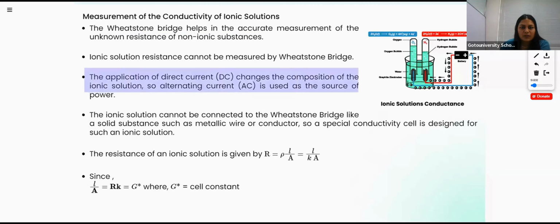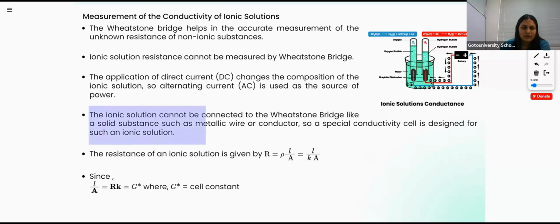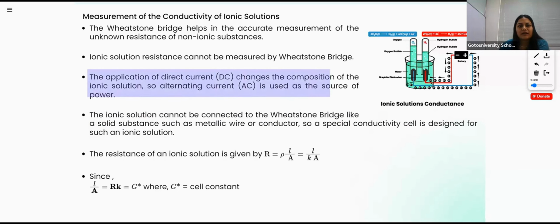So here I have mentioned two problems which we were facing while measuring resistance in the Wheatstone bridge. The application of direct current changes the composition of the ionic solution, as I have just discussed.